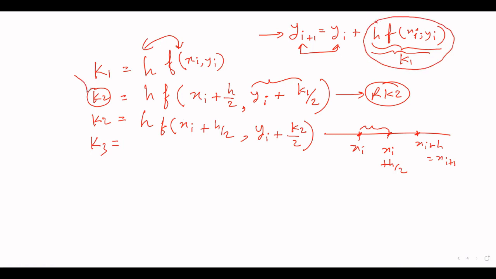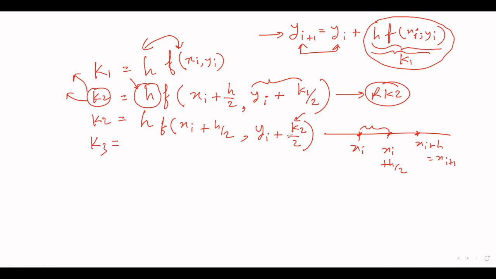So k2 is kind of an approximation for the increment of y. But since we are using h here, not h by 2, it actually means the increment up to the next point, not up to the midpoint, because we used h here. So technically, this was the increment of y.